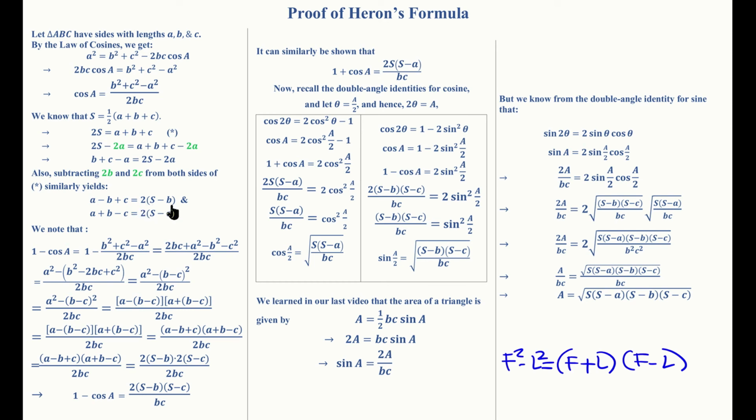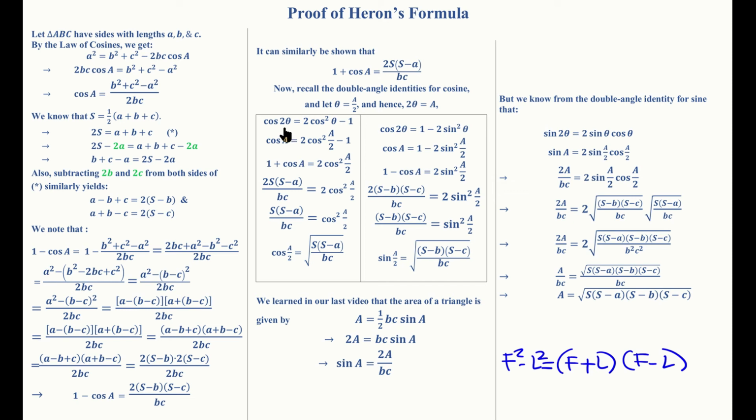It's 2 times s minus b, and a plus b minus c is 2 times s minus c, over 2bc. So we have this new expression for 1 minus cosine A right there. Now we want to go back to an old friend of ours, or rather, two old friends of ours.